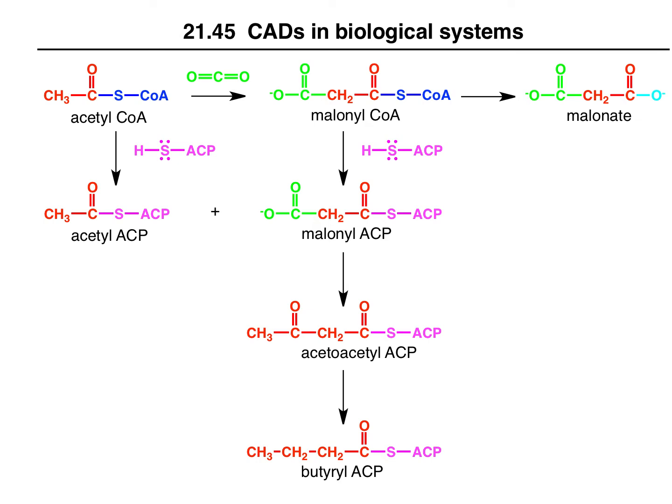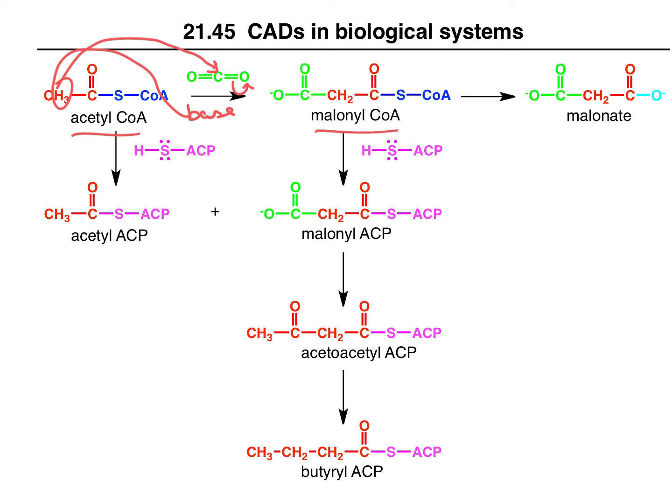A different reaction that can happen is that acetyl-CoA can be converted to malonyl-CoA. And here there is an enzyme that can act as a base, and it grabs off this proton, and then this is going to add to carbon dioxide, giving malonyl-CoA, where this group has been added on at this position.